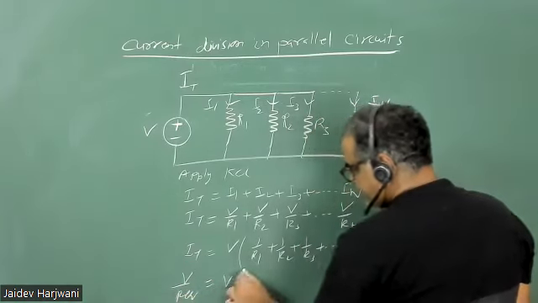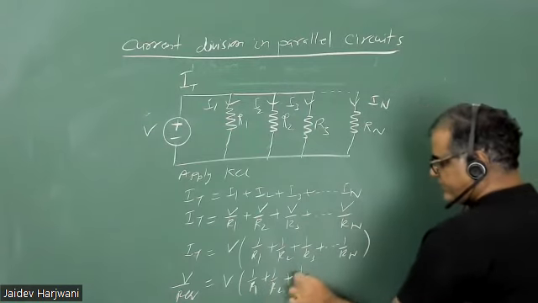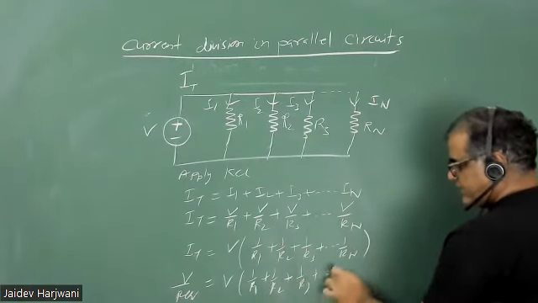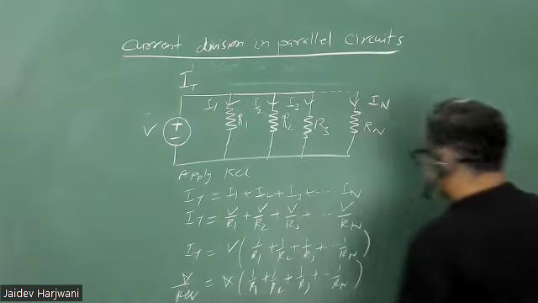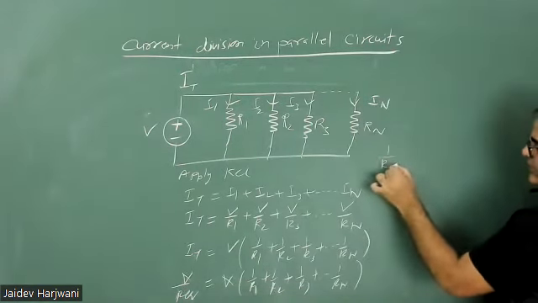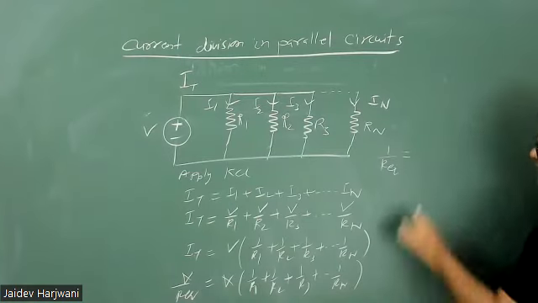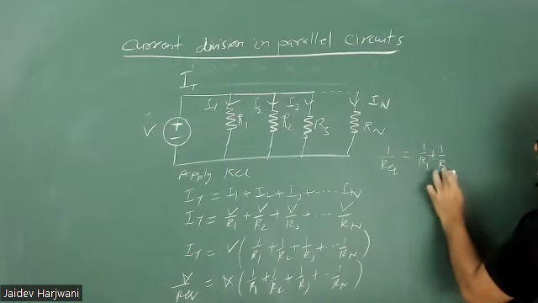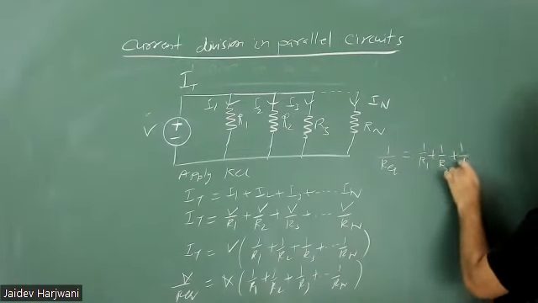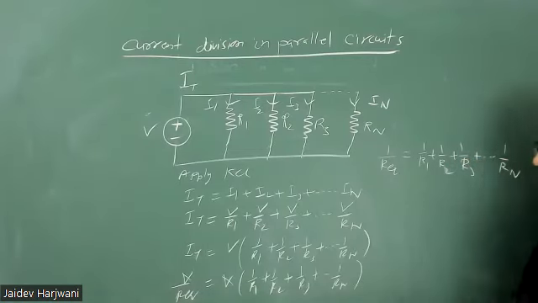So V equals 1 upon R1 plus 1 upon R2 plus 1 upon R3, 1 upon Rn. So V cancels. So you get 1 upon R equivalent equals 1 upon R1 plus 1 upon R2 plus 1 upon R3 and 1 upon Rn.